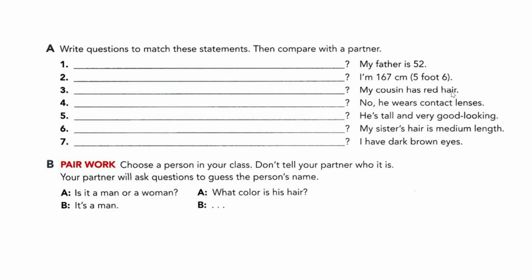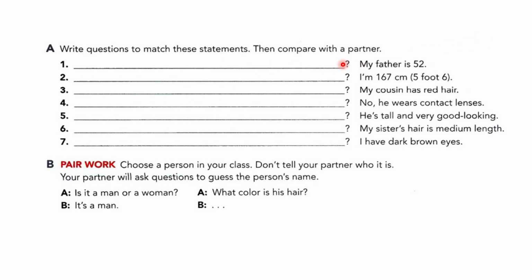Okay, so here we have this first exercise. This is simple, very simple. We have here: write questions to match these statements. So here you have answers. My father is 52. I'm 167 centimeters. My cousin has red hair. We have to write a question. What would be the question for this answer?